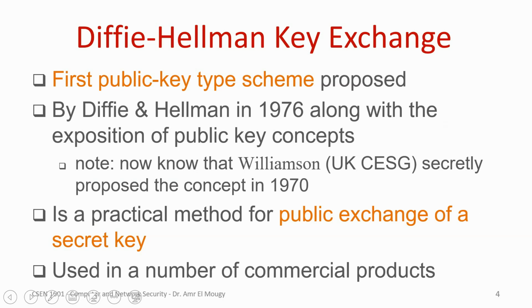In fact, Diffie-Hellman is the most widely used key exchange algorithm out there. There are different versions and different flavors of Diffie-Hellman that are used, but they are all based on the same core algorithm that we will discuss in this lecture. For example, TLS and SSL, which are the transport layer security algorithms that are used in HTTPS, support different versions of Diffie-Hellman.